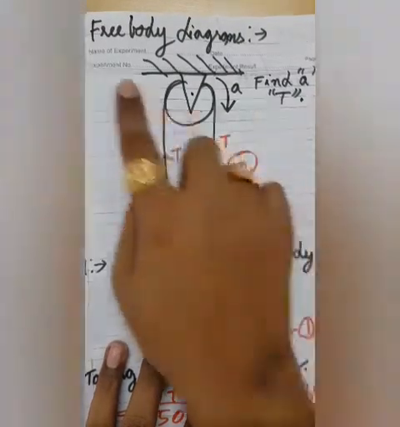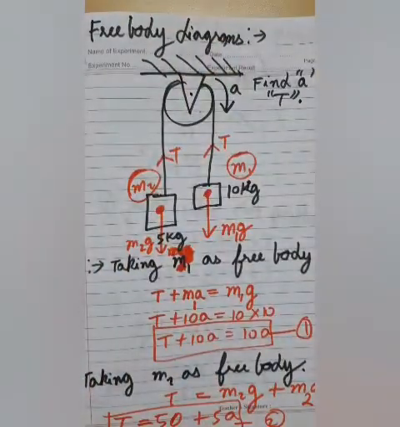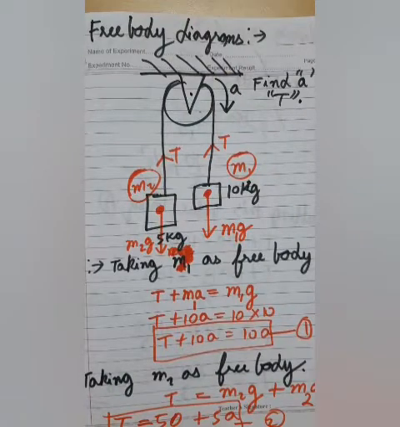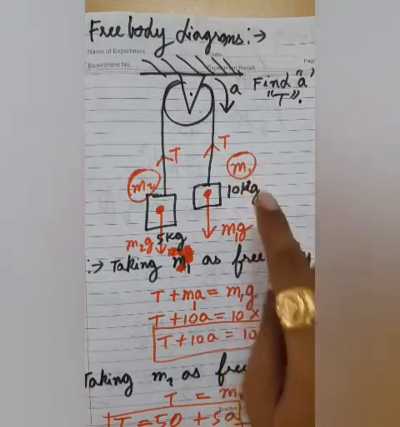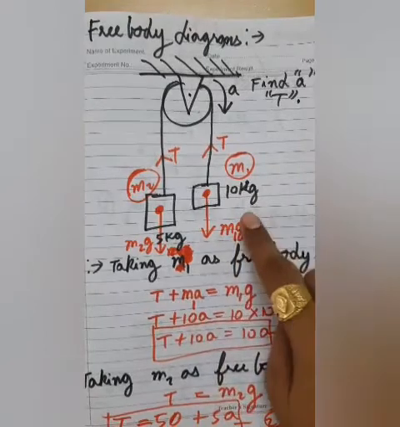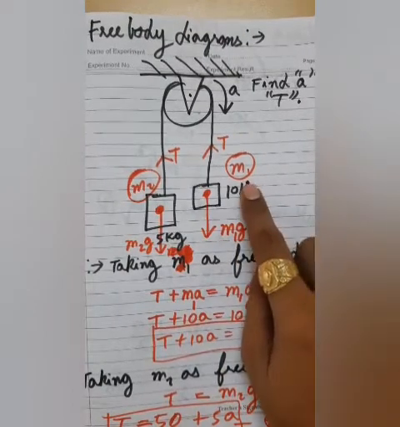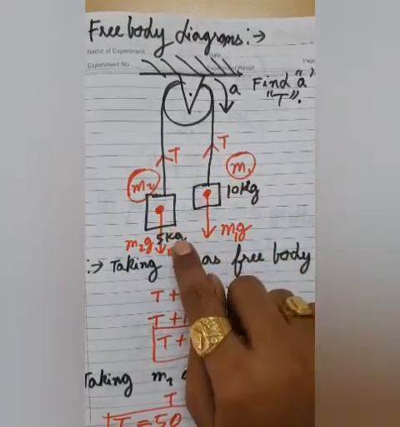This can be done with the help of free body diagrams, where we free a part of the body so that we can do our calculations. Right now I'll be taking a part of the system. Here I am taking the 10 kg mass, which I have named m1, and I have named the 5 kg mass m2.